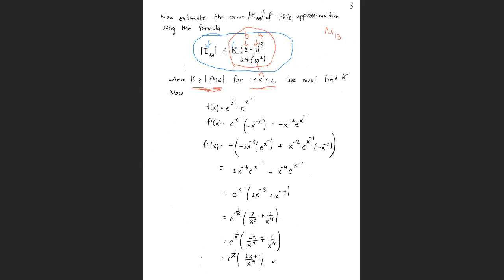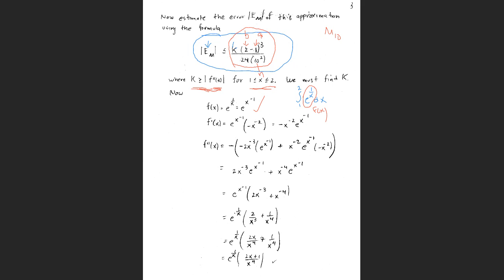Okay, well recall that again the integral was from 1 to 2 of e to the 1 over x dx. So the e to the 1 over x power is my function value. Okay, and there it is.